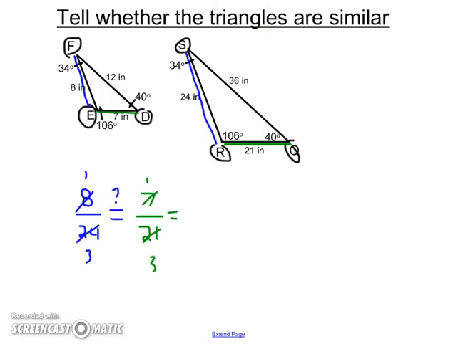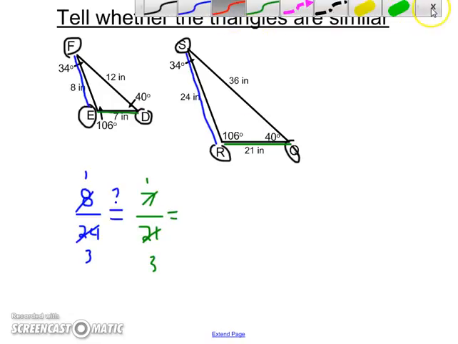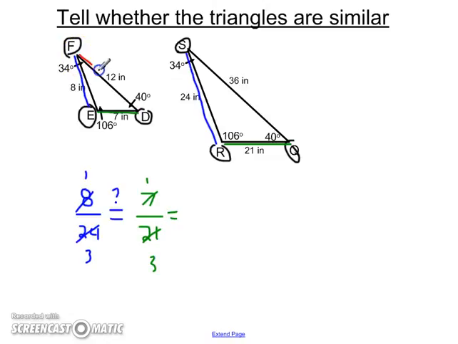All right, let's check the last set of corresponding sides. FD is 12 inches over SQ, which is 36, and this also reduces to 1 over 3. Now because all three of these ratios are equal to one another, we've just passed test number 2.